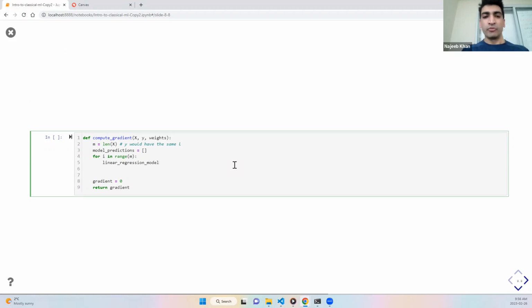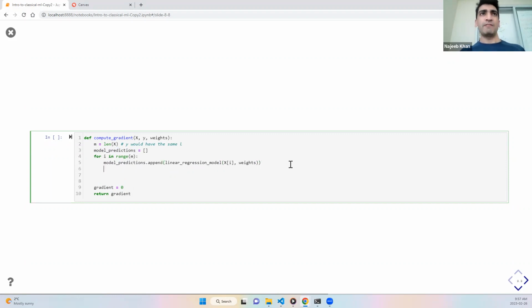This will give me a prediction. So I need the input to this model, and I need the weights, because the linear regression model takes the input and the weights and computes the output or the prediction, and I can just append to this list. And this way, I would have m predictions.